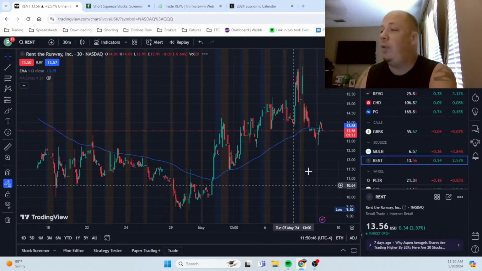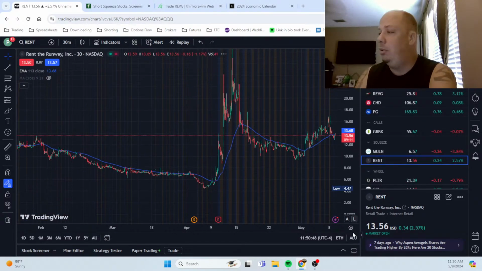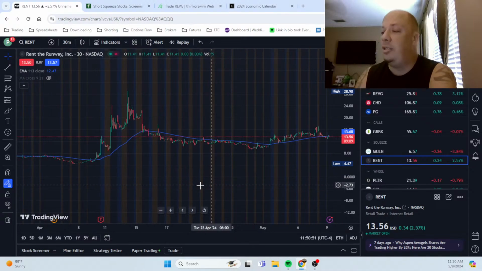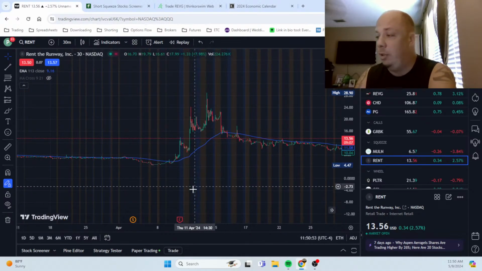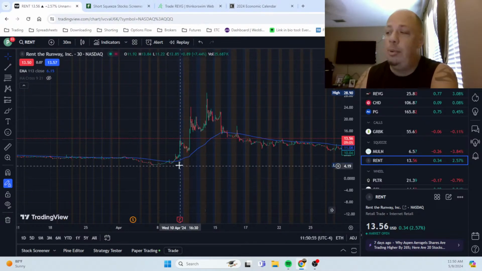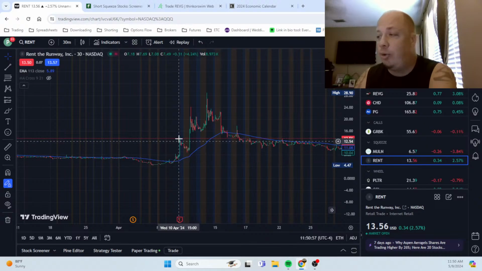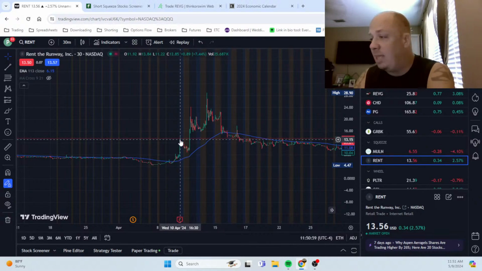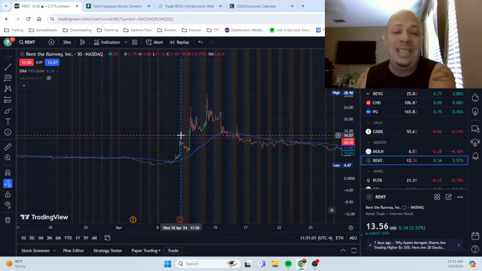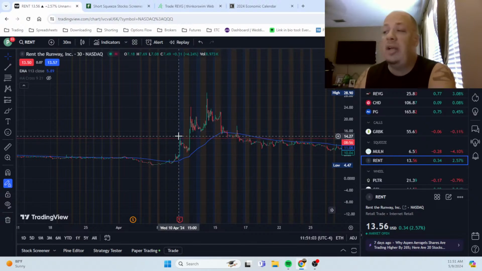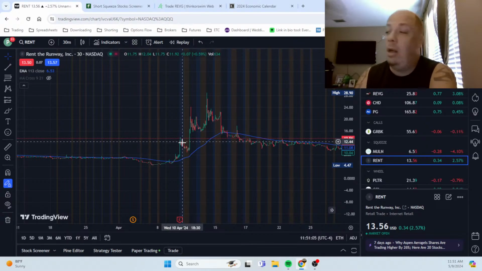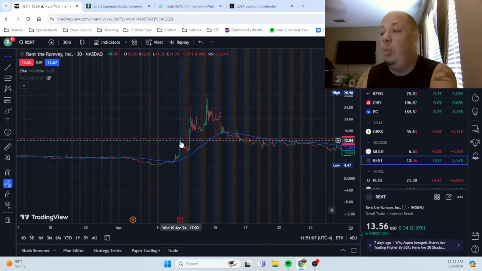So let's see if RENT was another good example. Oh my gosh, this was the perfect example. It happened on the earnings, but we see that it squeezed pretty dramatically here. It went from $7 to $14. So you thought to yourself, oh no, I missed it. Oh well, no, this is what we do. We wait, we wait, we wait.